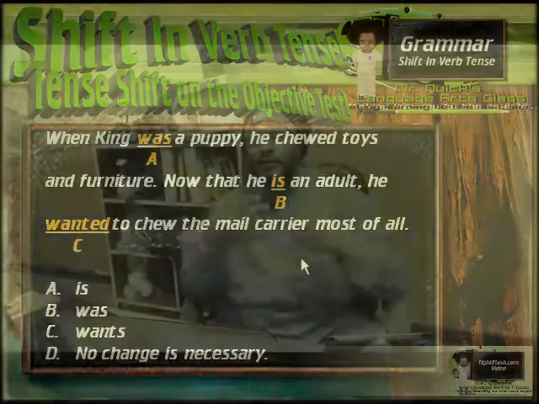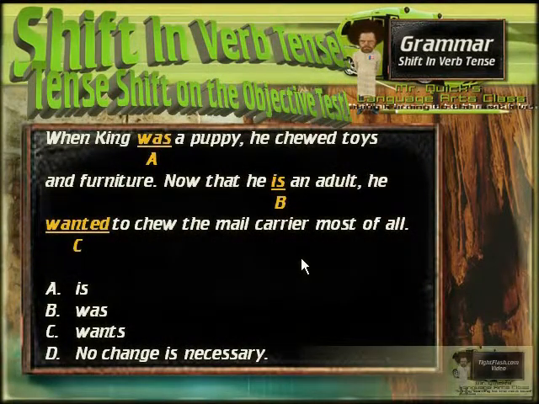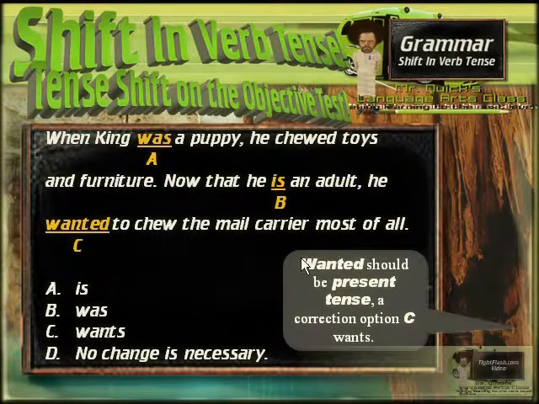Now, the whole meaning of the sentence is that he has changed. When he was a puppy, he chewed and butted and ran after everything. But now that he's an adult, he's a little more reserved now. So I think here we would definitely say wanted should be present tense.